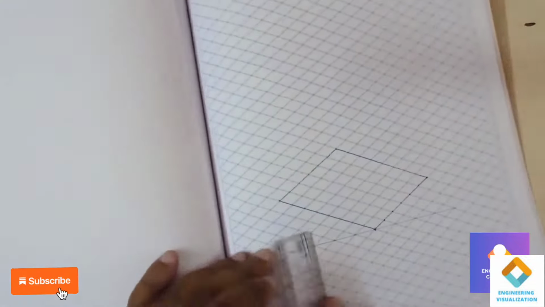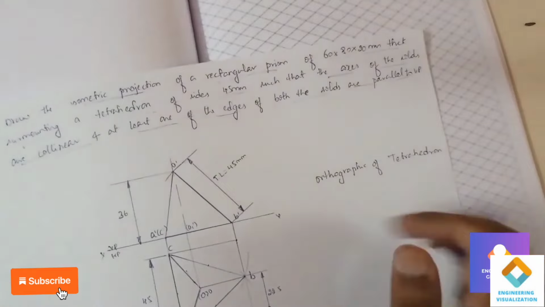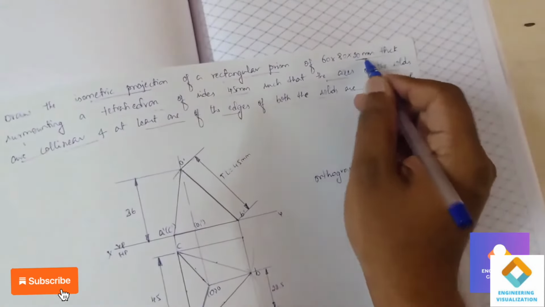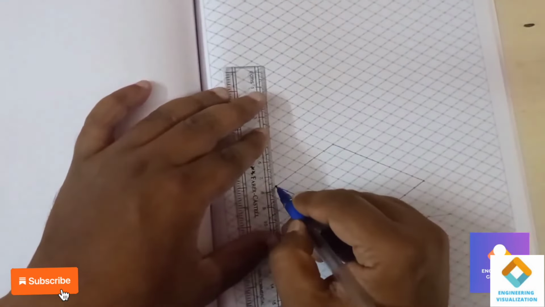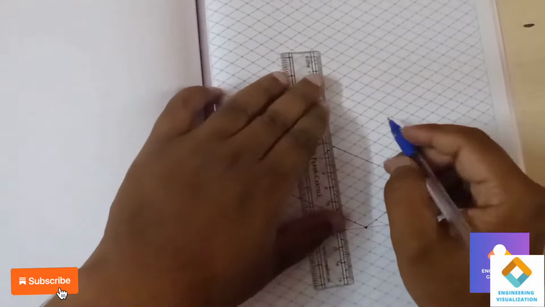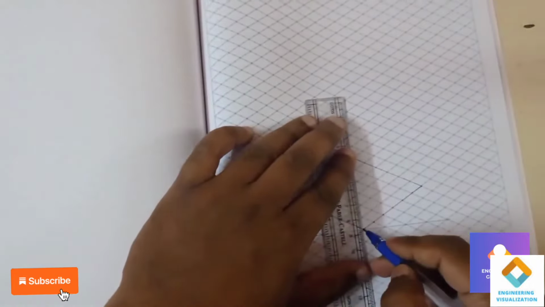Here exactly at all these points we need to give a height of 20 mm. You can see in the problem, the thickness we should give is 20. That is 2 boxes height we have to consider vertically. Thickness we consider in vertical height.